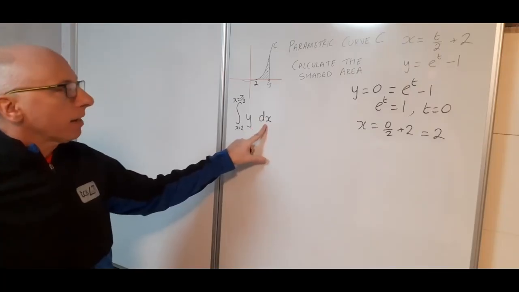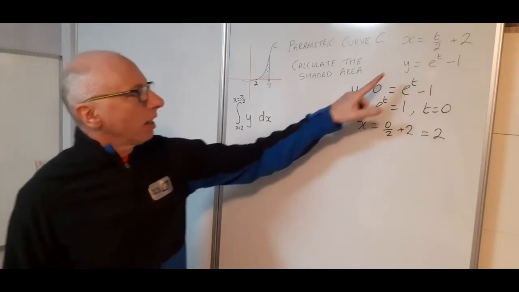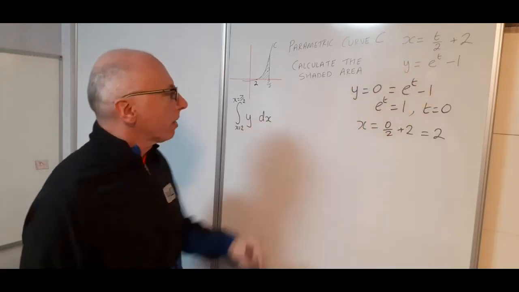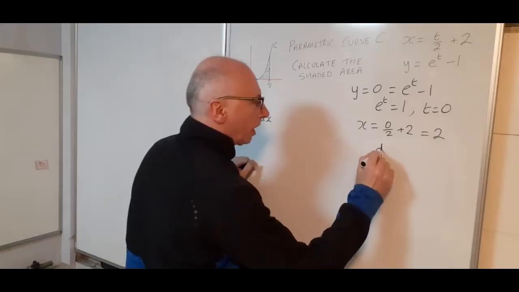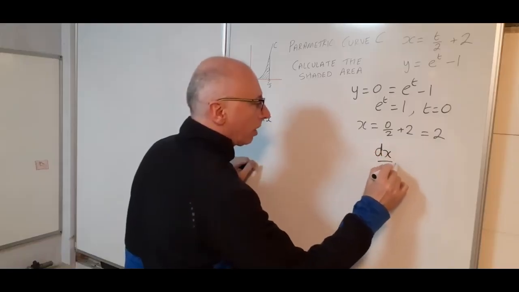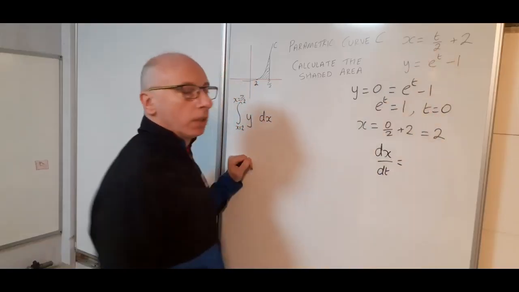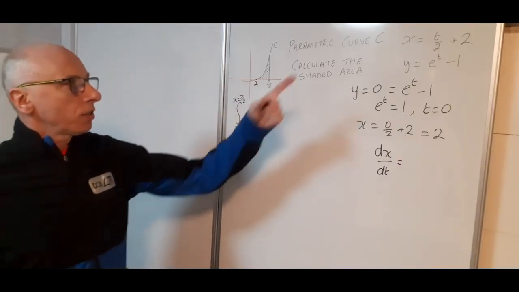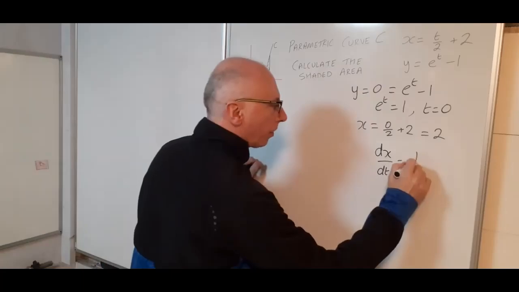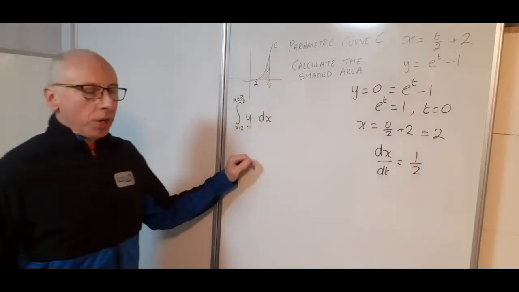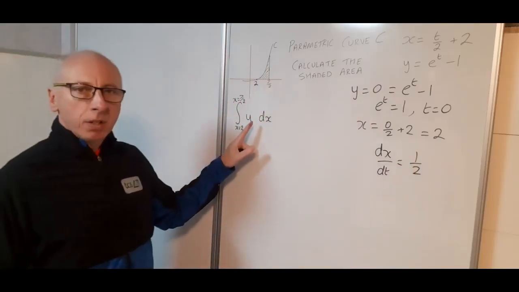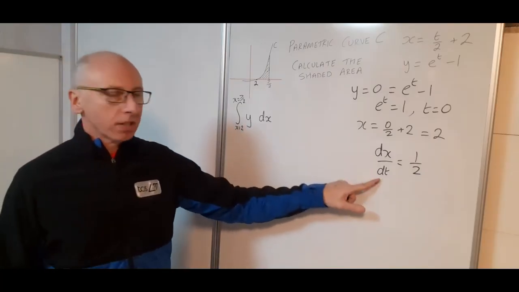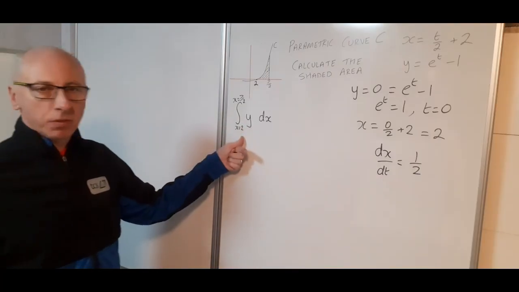Now my dx, what I can do is here, let's take the derivative of x. So dx with respect to t, because x is a variable with the variable t, take the derivative of that and I get 1/2. And then what I can do is I can bring everything into terms of t by getting dx on its own and changing everything in terms of t.